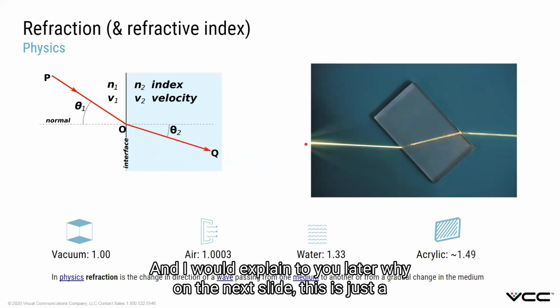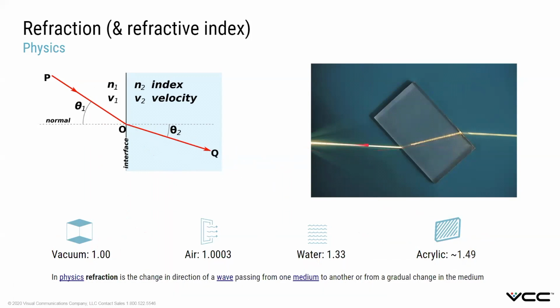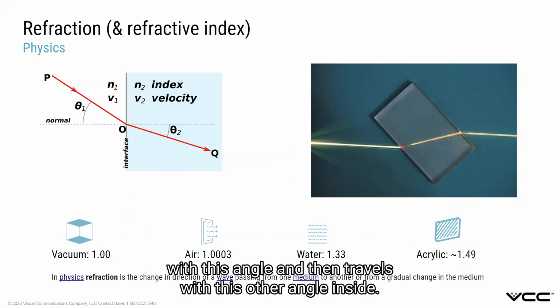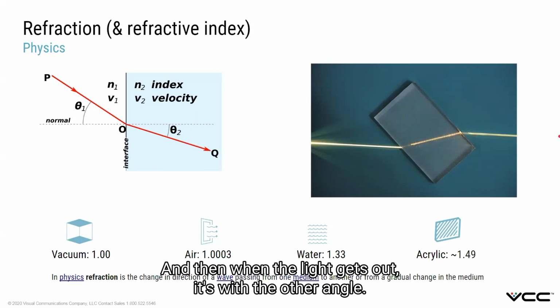This is more a picture that tells a little bit more in detail what this angle of refraction looks like when it enters the acrylic. It enters with this angle and then travels with this other angle inside, and then when it gets out, it's with another angle.